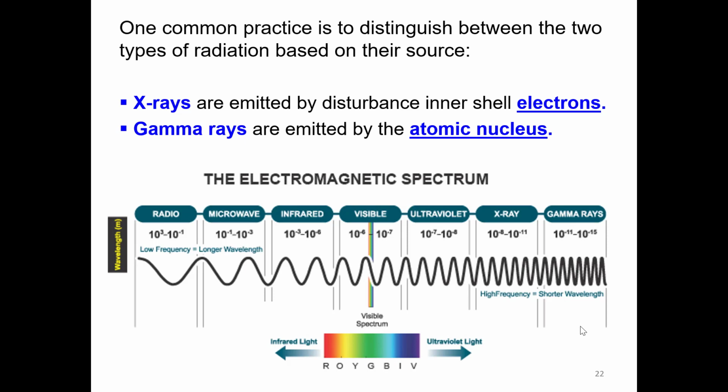Then the answer is we can distinguish them based on their source. X-rays are emitted by disturbance in the inner shell electrons, but gamma rays are emitted by the atomic nucleus. Then the X-rays are related to the electrons and gamma rays are related to the atomic nucleus.